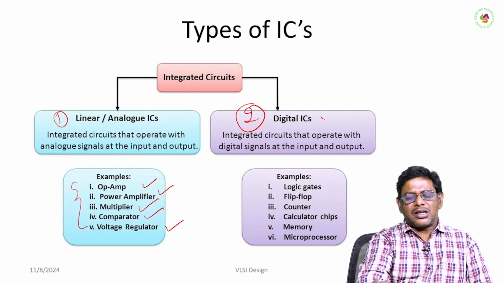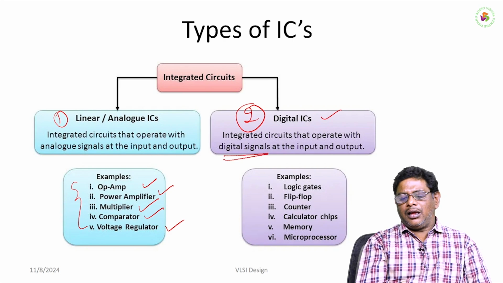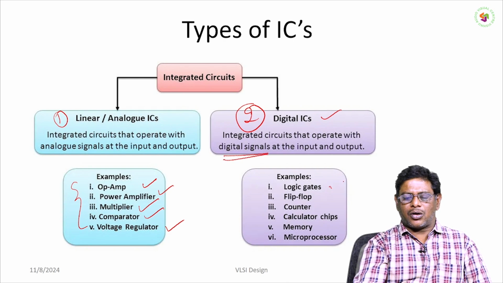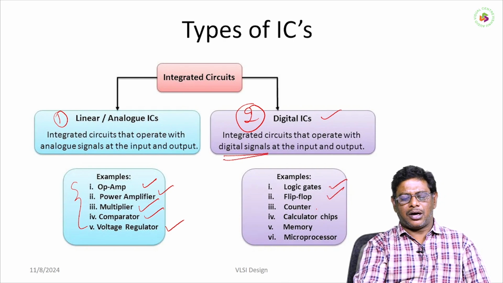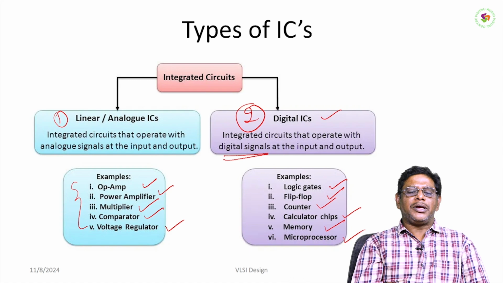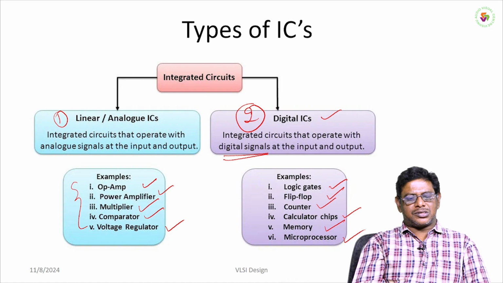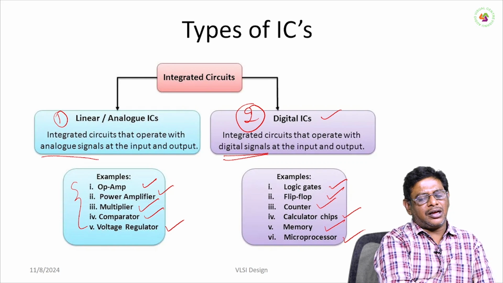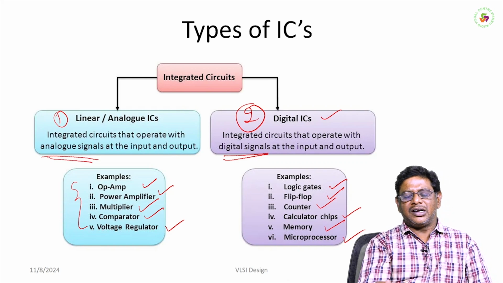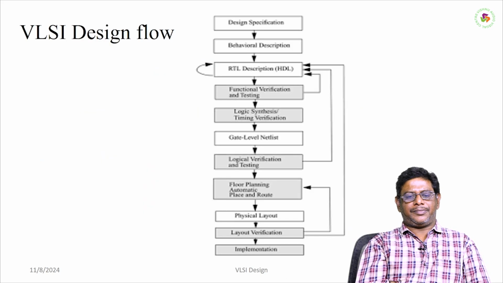Whereas digital integrated circuits operate with digital signals, and some examples are logic gates, flip-flops, counters, calculator chips, memory designs and processors. So based on the requirement, you may choose either analog or digital integrated circuits, where the analog circuit takes an analog signal as input, whereas digital integrated circuits consider digital signals as the inputs.